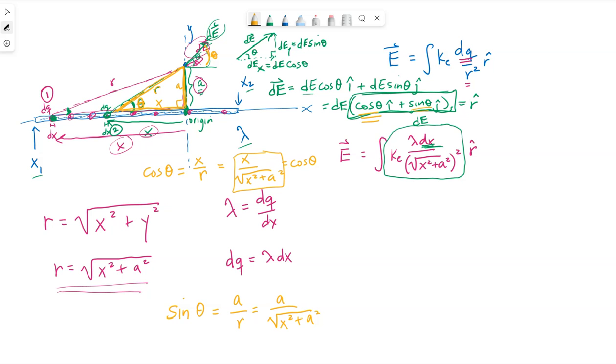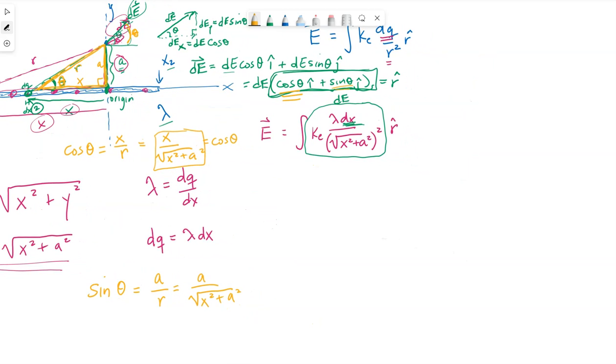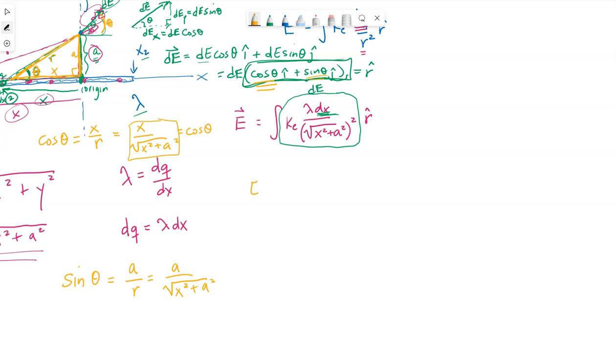I know it looks big and crazy, but now if we go to plug things in, I'm just going to rewrite what I have here. So the magnitude portion, and yes, I do realize the square root of x squared plus a squared, quantity squared. The square and the square root cancel. But I'm leaving it that way for a reason.